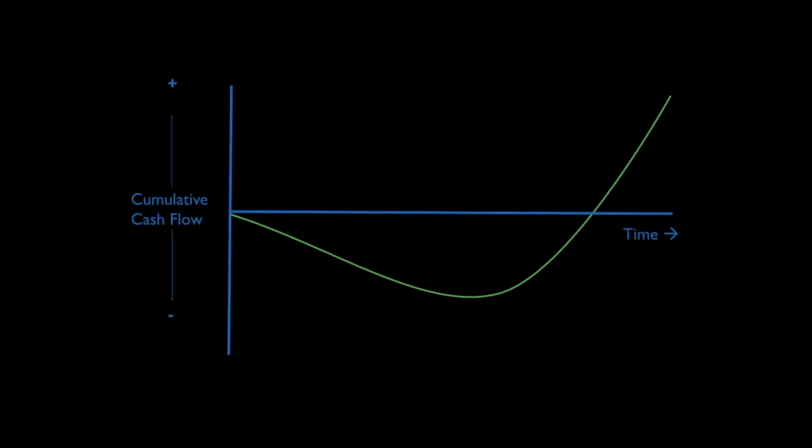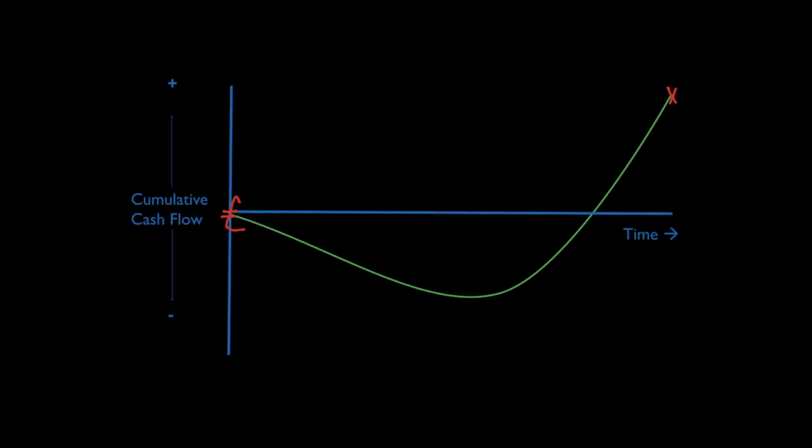Now let's take a look at how this traditional big bet approach to resource allocation and the lack of flexibility associated with it destroys value when faced with uncertainty, which increasingly is a fact of life in modern business, and how a different approach can do the opposite, can help you generate value. When you take a big bet, what you're effectively hoping for is that after having spent a significant amount of money, you'll begin to recoup returns so that you will end up in time in a net cash positive position.